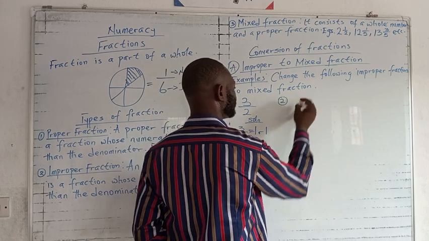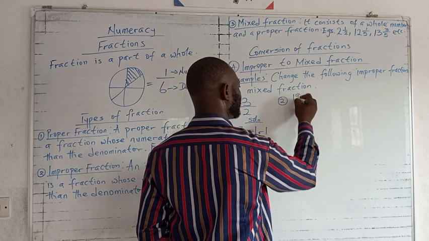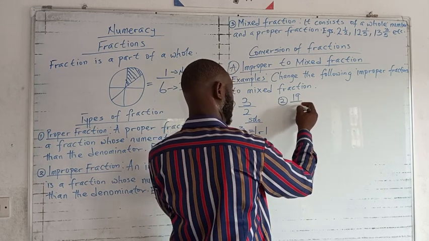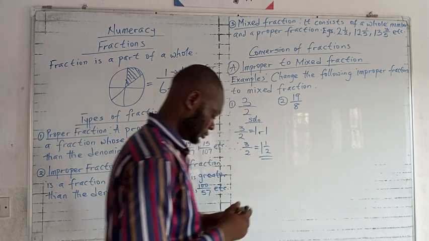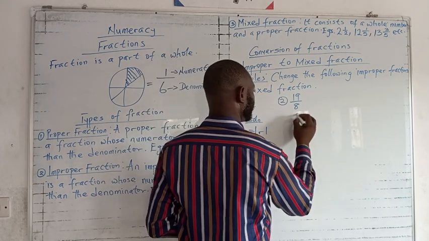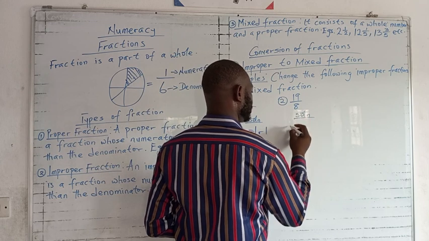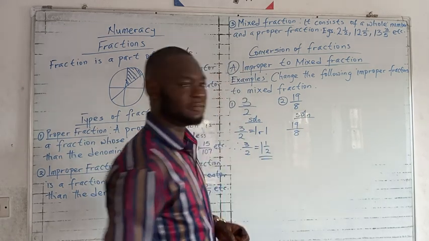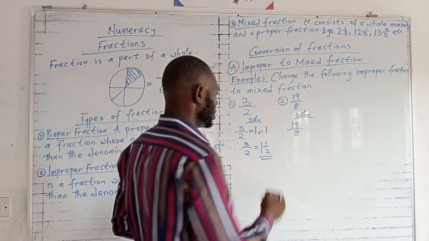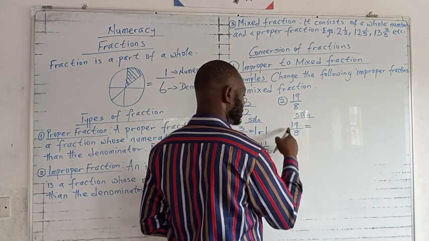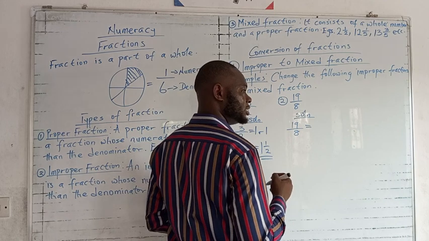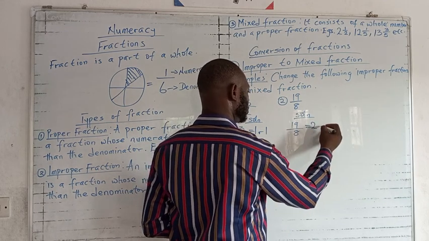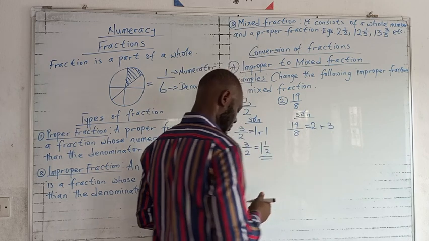Let's say I have 19 over 8. Okay? So the same thing. What we do is we find our quotient and our remainder by dividing 19 by 8. And when we do that, we will notice that 19 divided by 8 is 2 remainder 3.